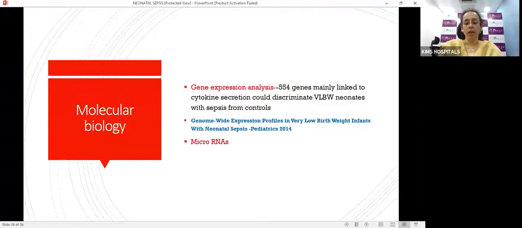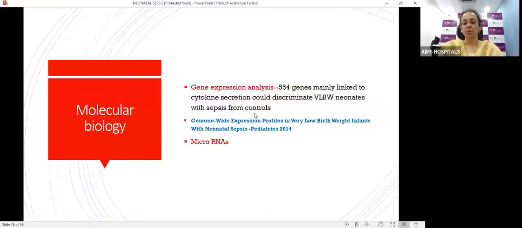There are also some molecular biology studies in which the genes which participate in the cytokine secretion and inflammatory cascade reaction are being studied to help in the earlier diagnosis of neonatal sepsis. Like there have been 554 genes which are mainly linked with cytokine expression, which could discriminate VLBW neonates having sepsis from controls.